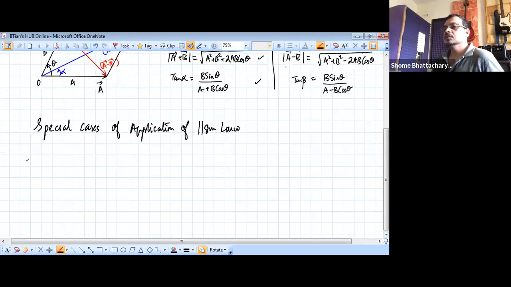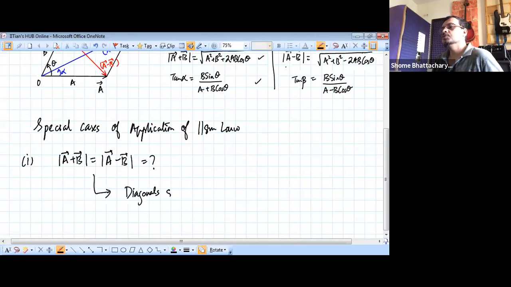The first case we will see is when the magnitude of A plus B is equal to the magnitude of A minus B. When does this occur? In terms of the parallelogram, it means that the diagonals should be of equal length.